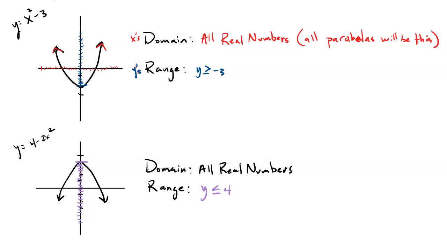If it's a right side up U, it's going to be greater than. If it's an upside down U, it's less than.